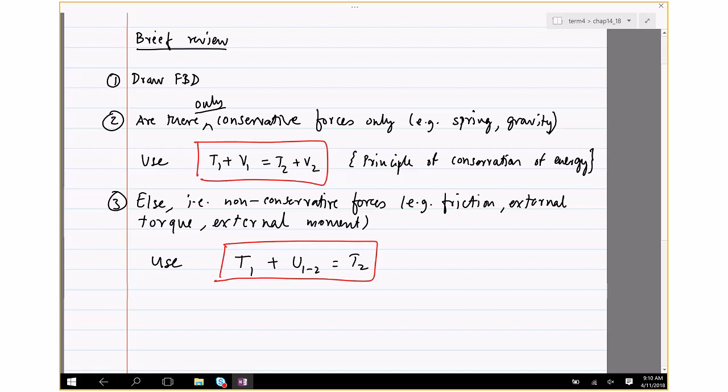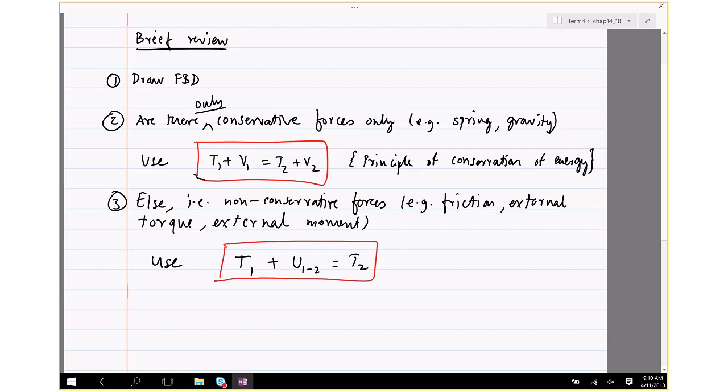I think we should give you partial credit for that. Don't just put F equals ma, just say how you go about solving the problem. But for any questions in this exam, if you do use these two principles, you should be able to solve the problems completely because we've checked the solutions using those two principles.